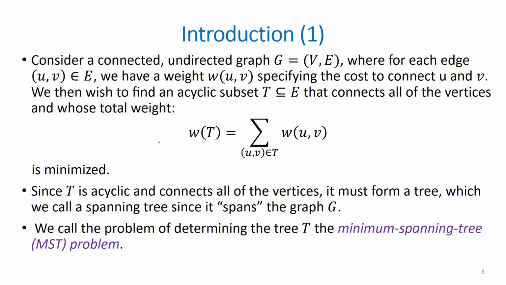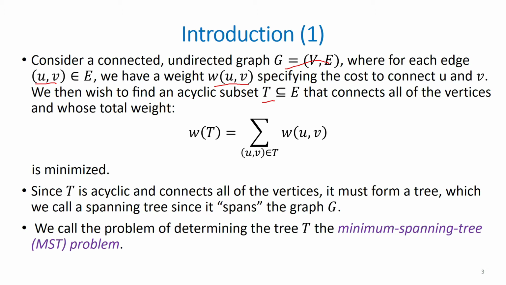To state our problem formally, let us denote a connected undirected graph by G(V, E), where each edge (u, v) in the set E has a weight which is given by w(u, v). Our goal is to find an acyclic subset of edges denoted by T that connects all the vertices in the graph G and yields the minimum total weight.